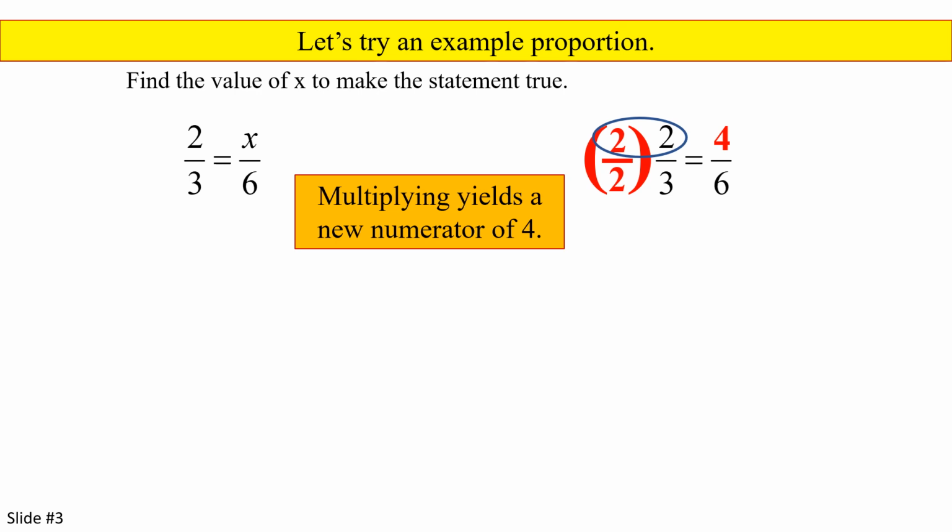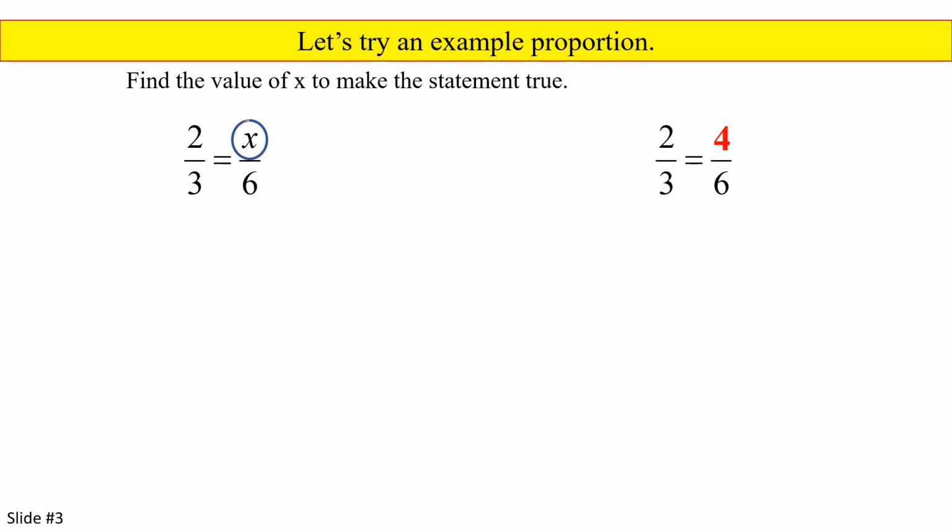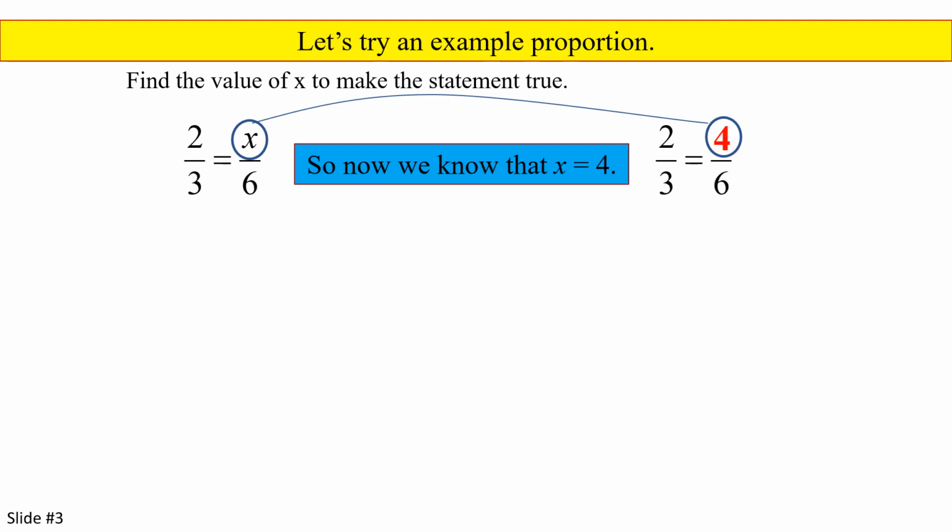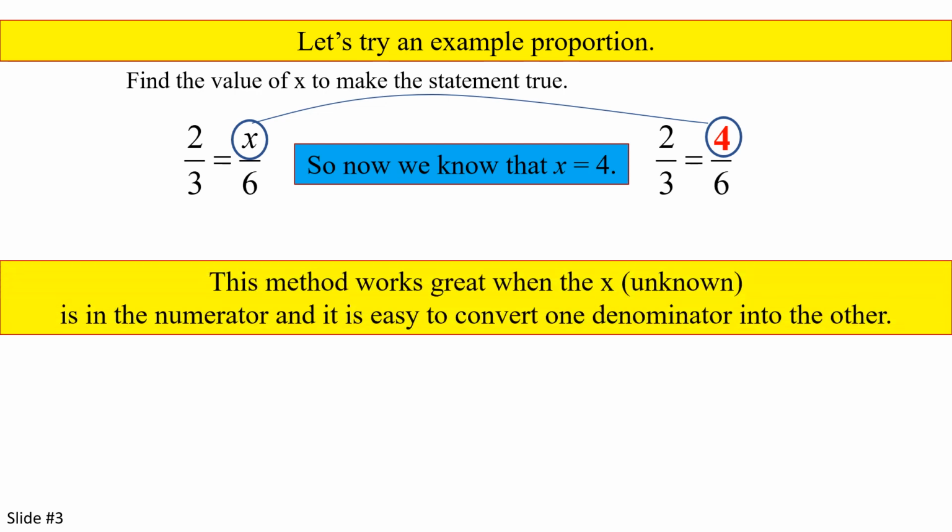So 4 would be the value of x. 2/3 equals 4/6, and so 4 would be the value of x. This method works great when the unknown, the x, is in the numerator, and it is easy to convert one denominator into the other. Like this, it was easy to convert the 3 into a 6.